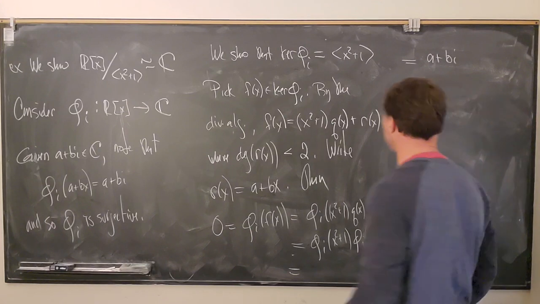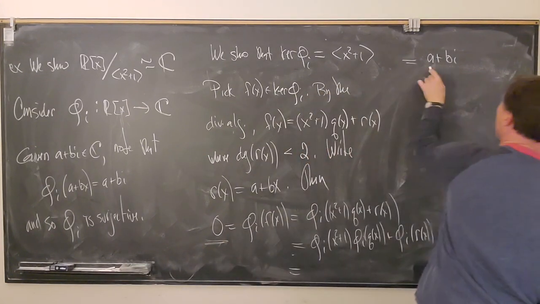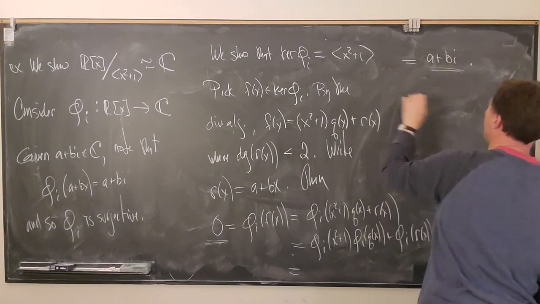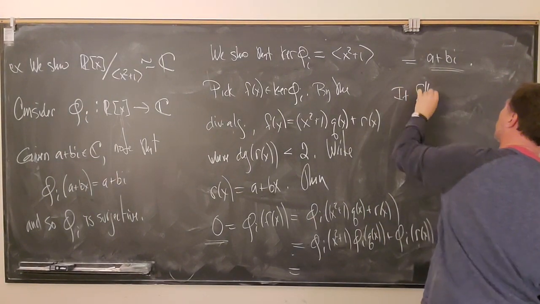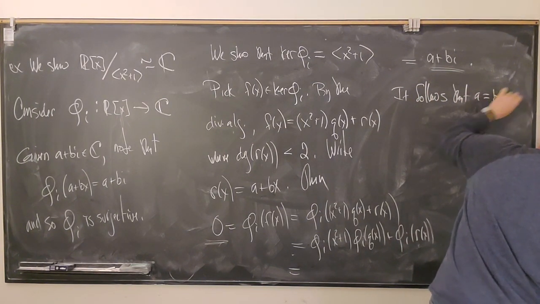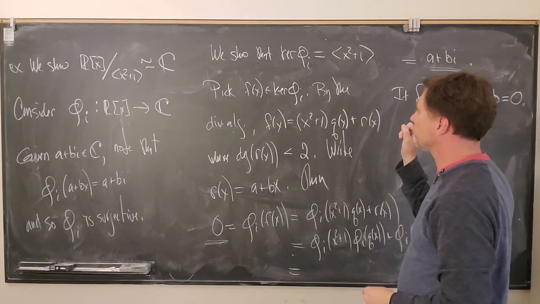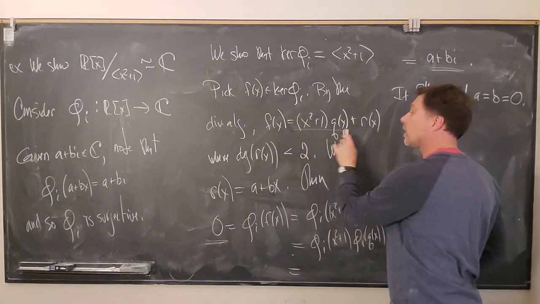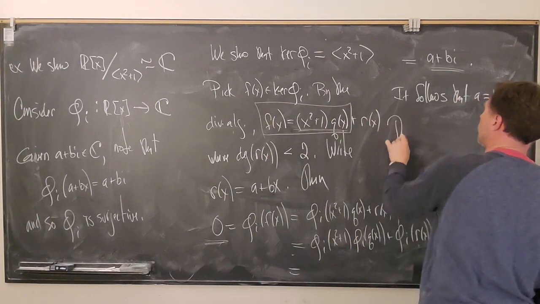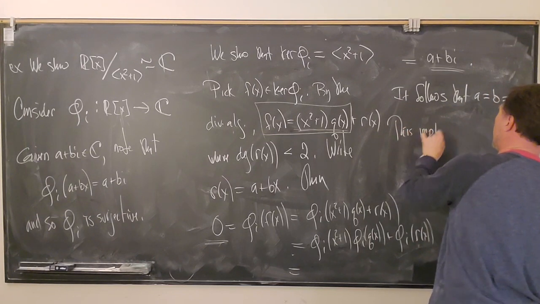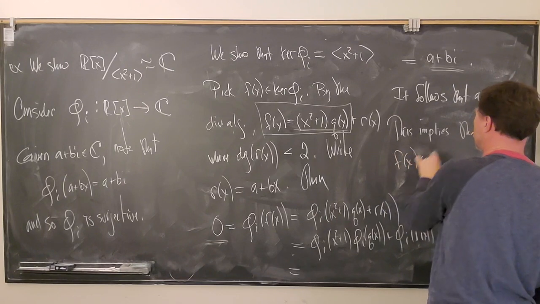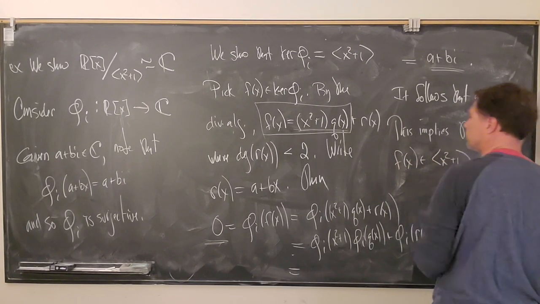So what we have then is that 0 equals a plus bi, right, which tells us that both a and b equal 0. So it follows that a equals b equals 0, which means then that f of x is just this, right? This implies that f of x is in the ideal generated by x squared plus 1, right?